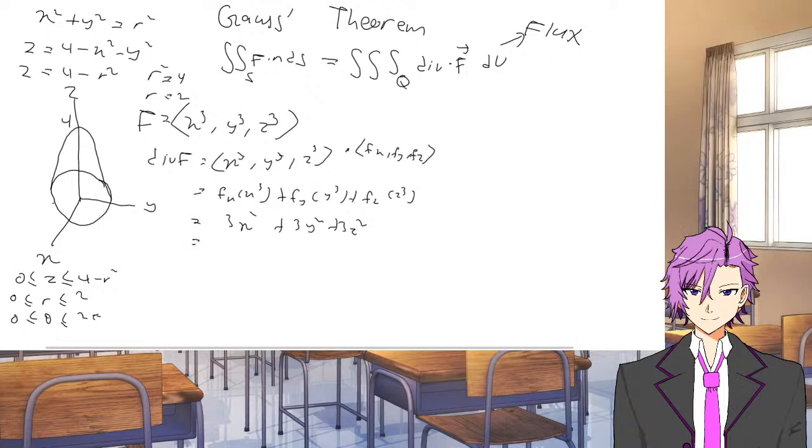Now we can convert this further, since we're using these parameters. x squared plus y squared, so this would be 3r squared plus 3, is it 4 minus r squared? No, I don't think we need it. So we'll just do 3z squared.